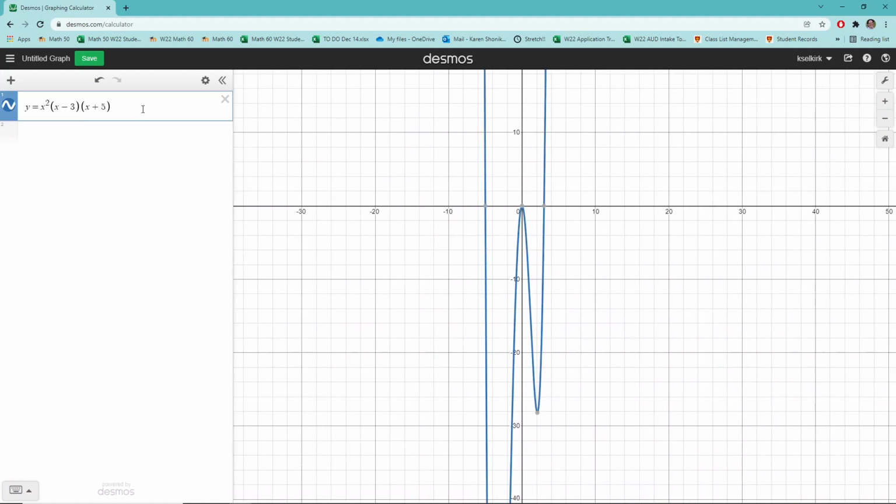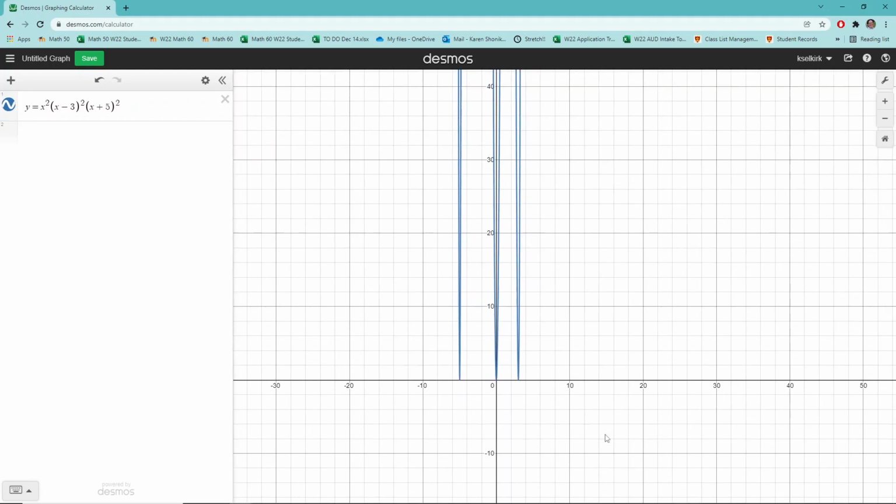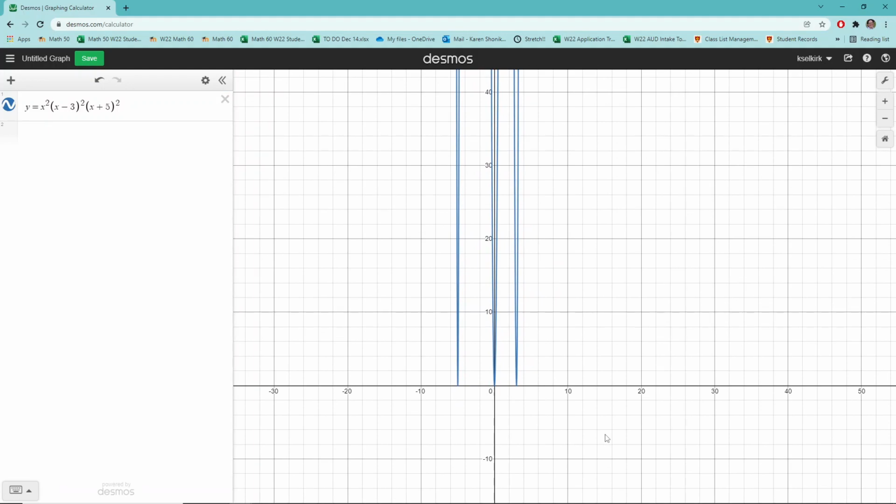So what if I made this x minus 3 squared? Oh, now 2 of them are tangent. What if I make this one squared as well? Oh my goodness, now they're all tangent. Okay, so something about this exponent on your factor changes the behavior at that x-intercept.